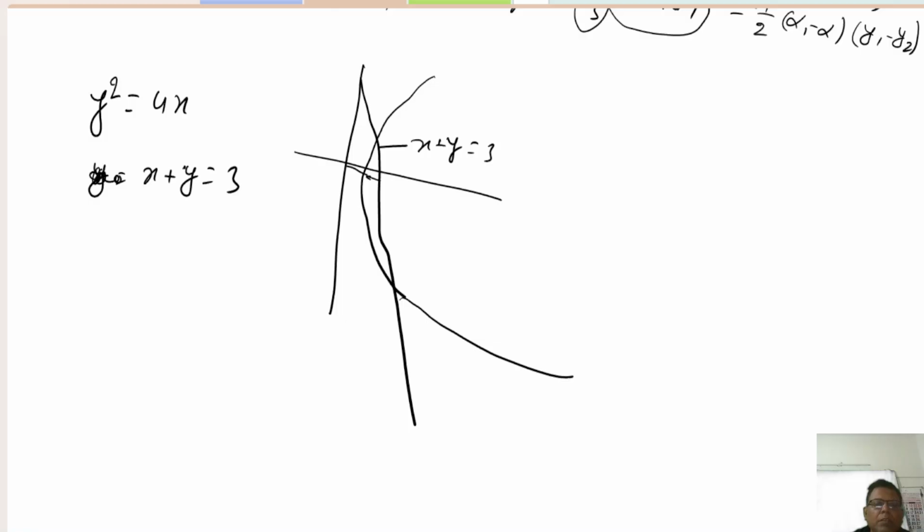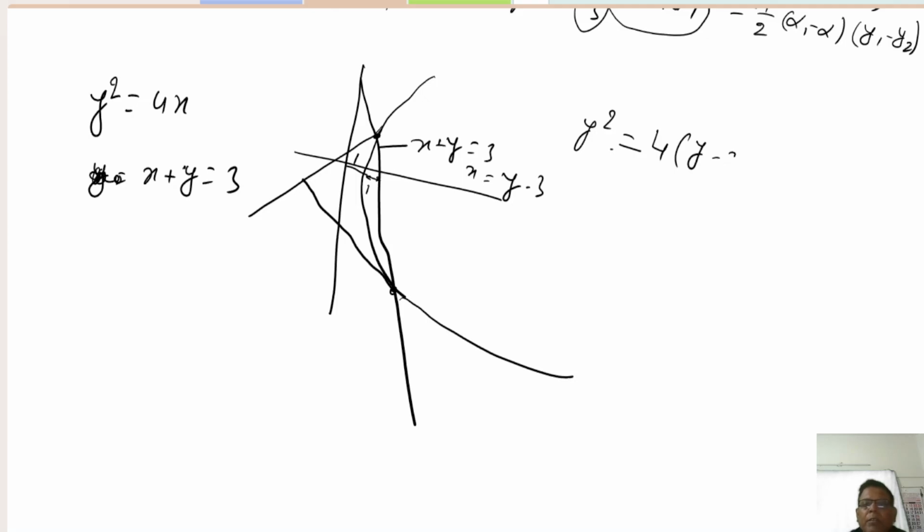Now first we have to find the point of intersection here and this one. So I'll just put the value, x is equal to 3 minus y. So here you put it in y square is equal to 4x.